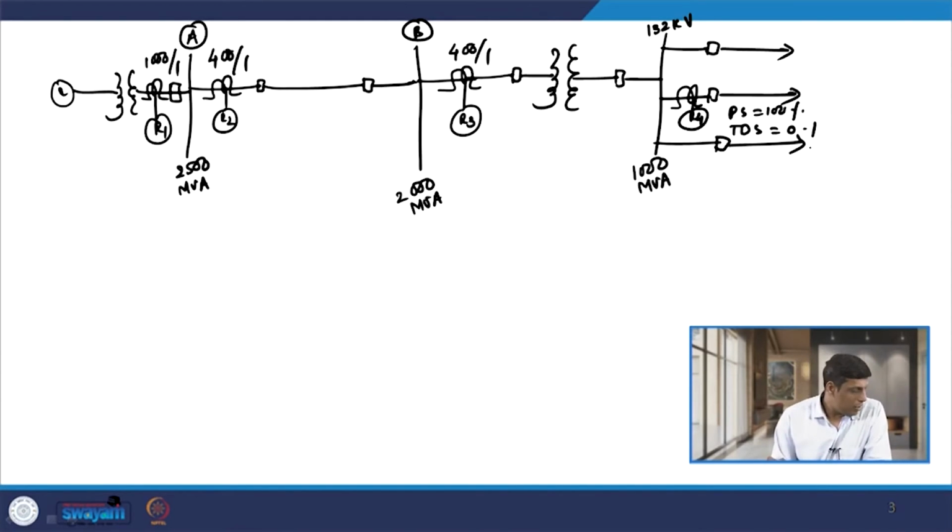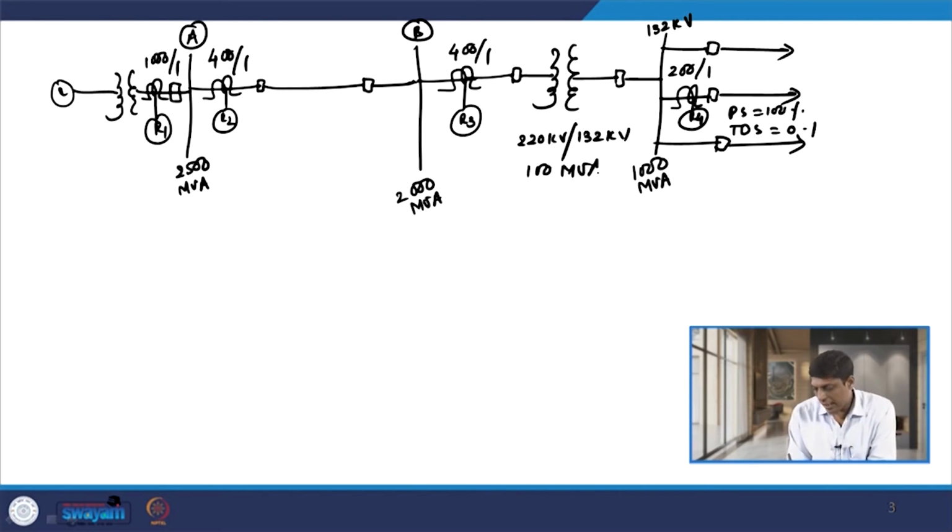The CT ratio of R4 is given as 200 by 1 ampere, and the rating of this transformer is 220 kV by 132 kV, and the MVA rating is 100 MVA.